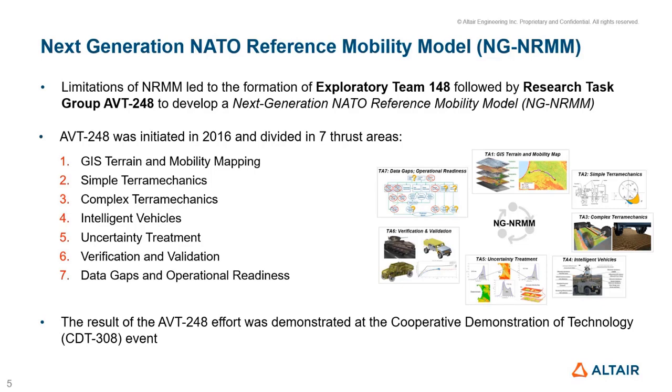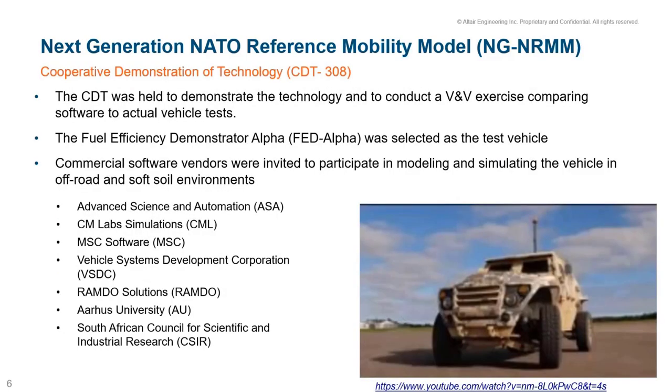So basically, they spent more or less 2 years studying these areas, and everything was presented in this conference, CDT 308. So what is the CDT, the Cooperative Demonstration of Technology 308? The CDT was organized, as I mentioned, to demonstrate these 7 technologies and also to conduct the verification and validation exercise.